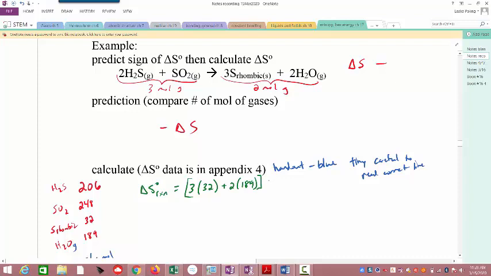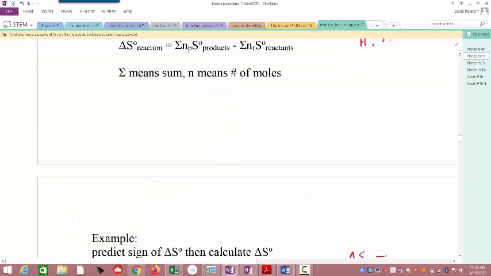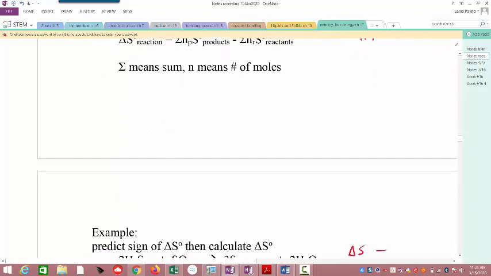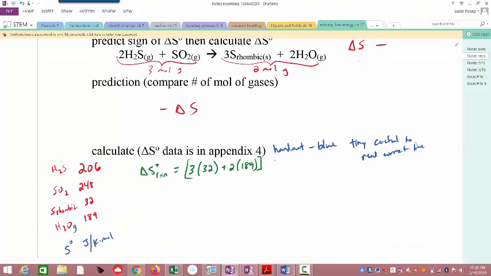I'm leaving the units off since they're all the same. And it's products minus reactants. So for our reactants, we have 2 times the 206 and the 248. There's no coefficient on that.